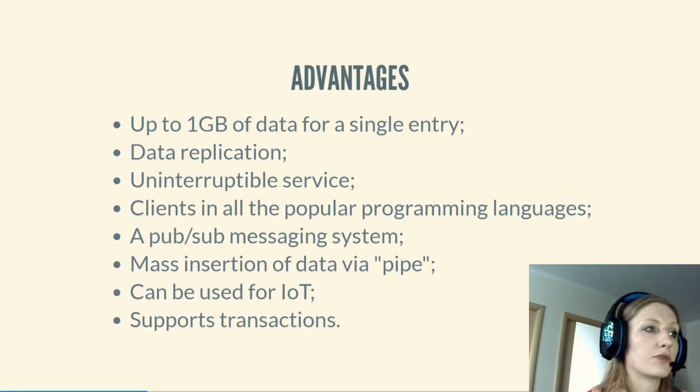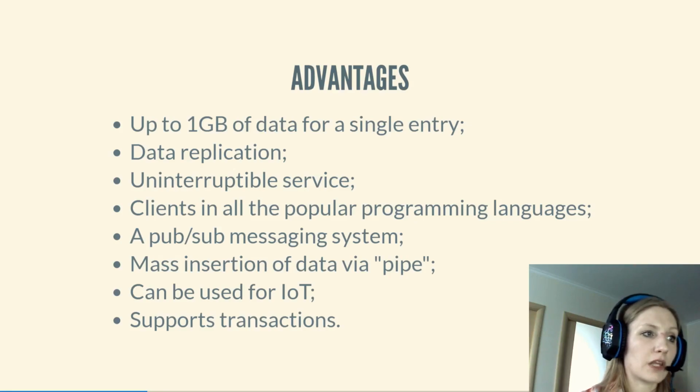Redis offers a pub/sub messaging system, and it can provide inserting huge amounts of data into the cache using the mass insertion function. Redis can be used for Internet of Things and installed on Raspberry Pi and ARM, which are two officially supported devices.